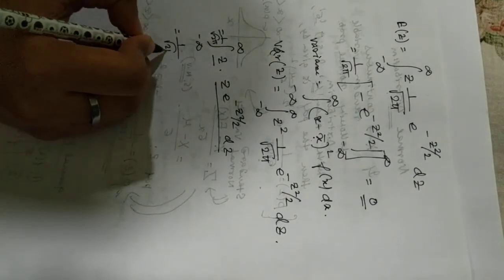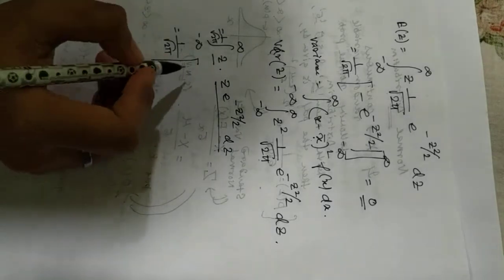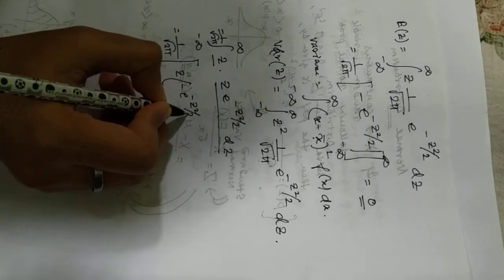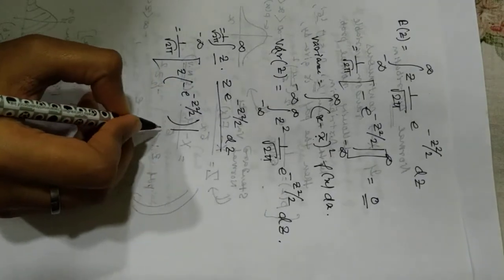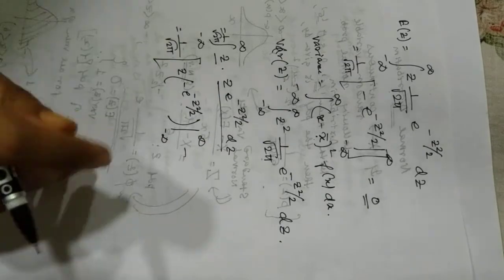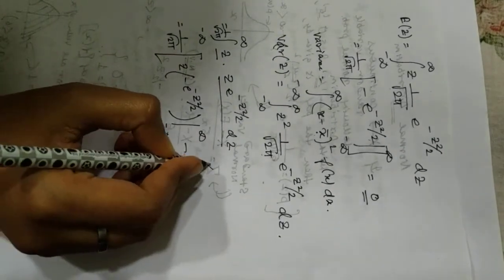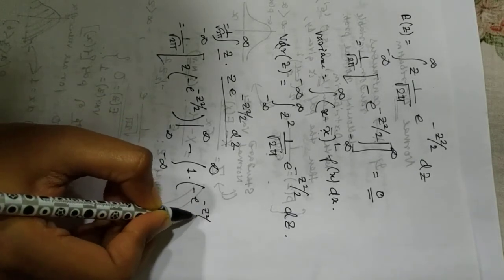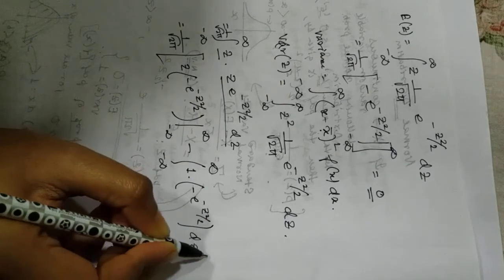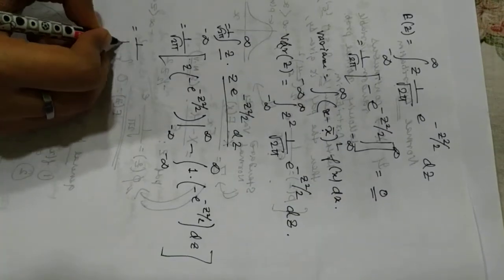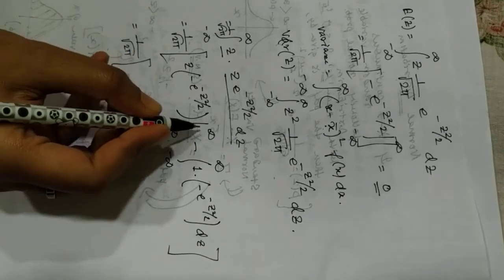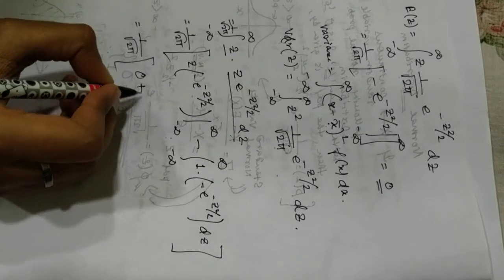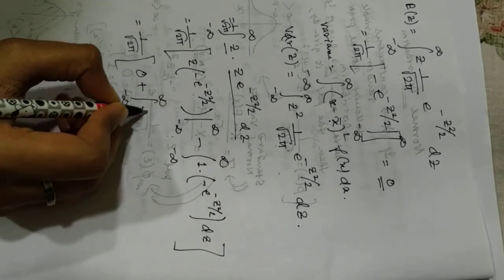So 1 by root over 2 pi, first function constant, integration of second function gives me minus e to the power minus z square by 2 from minus infinity to plus infinity, minus the derivative of the first function, that is 1, times the integration of the second function, minus e to the power minus z square by 2 dz, right? So 1 by root over 2 pi, this term again becomes 0 on putting the limits. So 0 minus minus becomes a plus, the integral from minus infinity to plus infinity of e to the power minus z square by 2 dz.